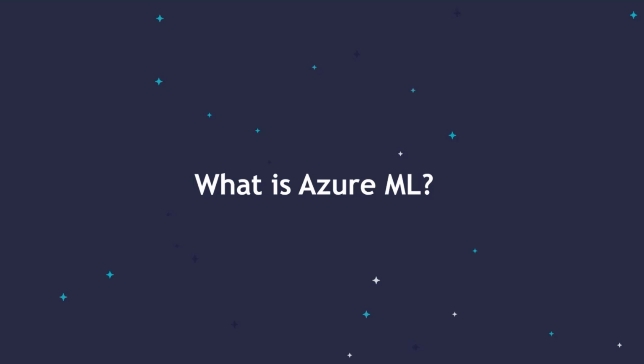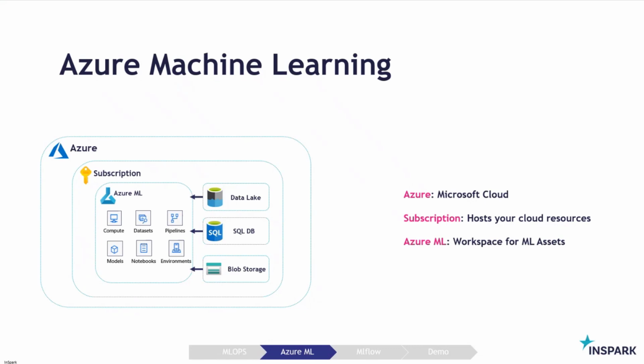So Azure Machine Learning. What is Azure Machine Learning? Azure Machine Learning is a Microsoft product. It's hosted on the Azure platform, and if you're not familiar with Azure, it's the Microsoft cloud, and you can use Microsoft resources available on the platform through a subscription.